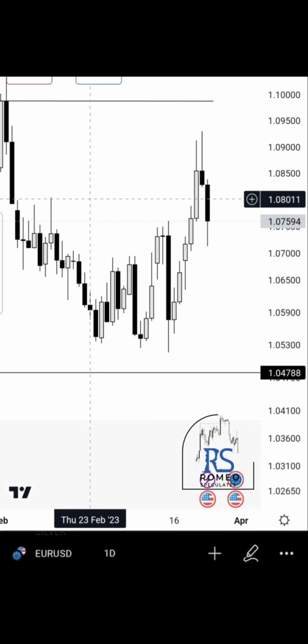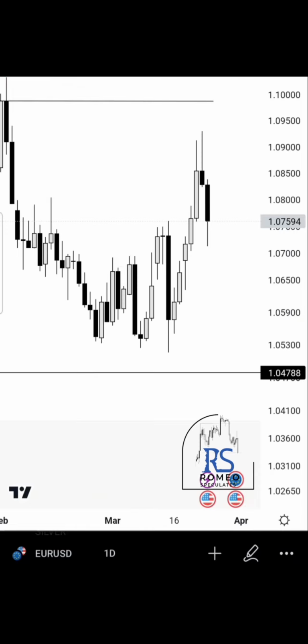We know that liquidity pools form above highs and below lows, right? And liquidity is accumulated and distributed from above highs to below lows, and vice versa, right?